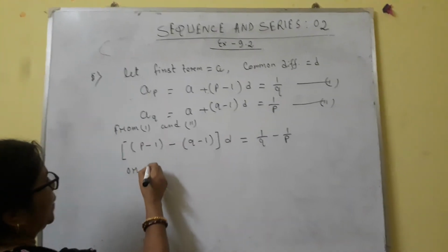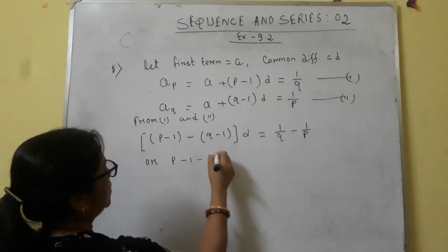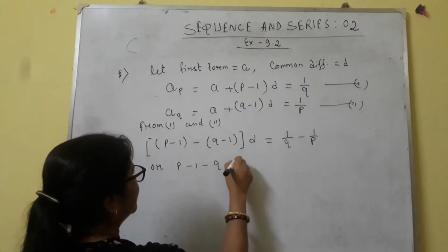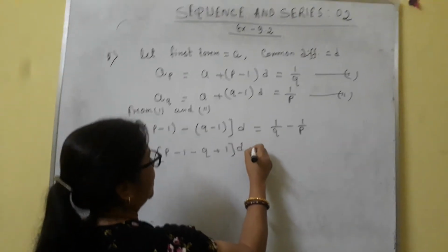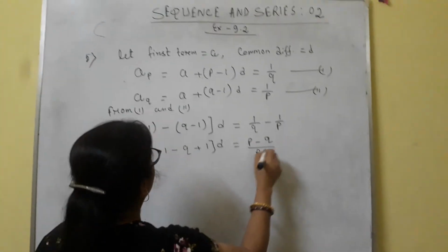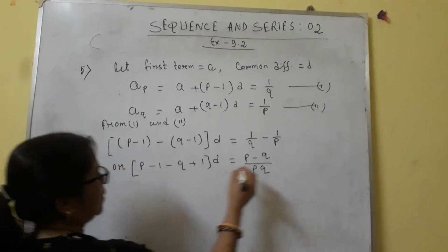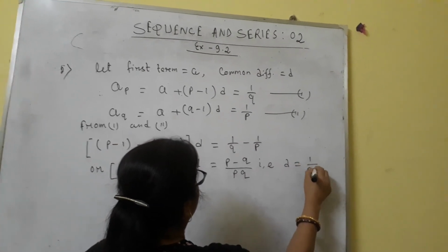We get (P minus 1 minus Q plus 1) into D equals (P minus Q) by PQ. Simplifying this, D equals 1 by PQ.